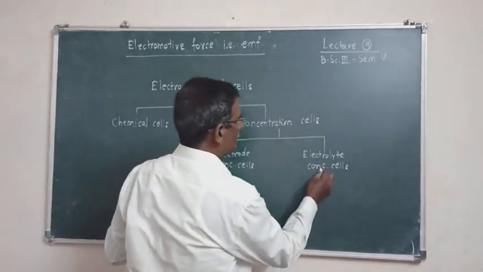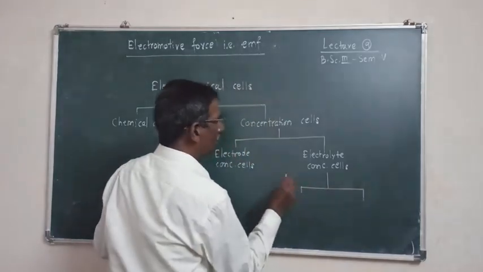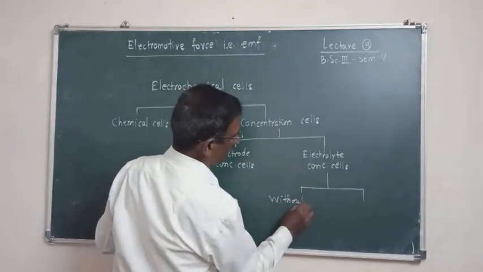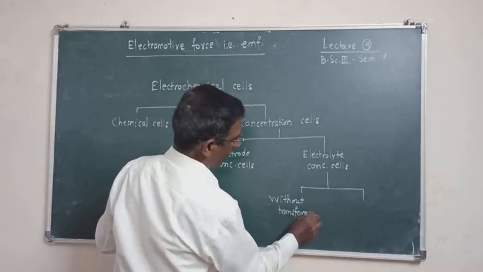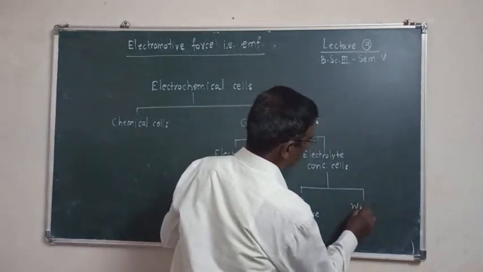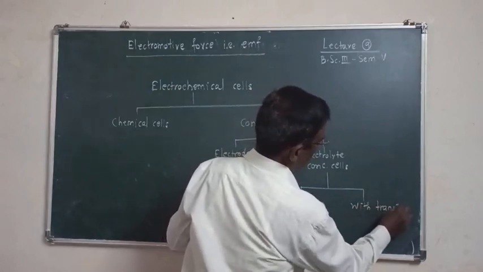Electrolyte concentration cells also consist of electrolyte concentration cells without transference and electrolyte concentration cells with transference.